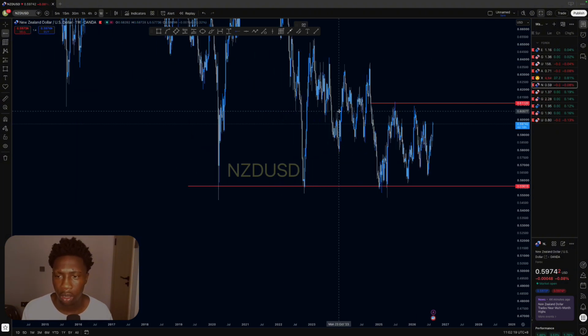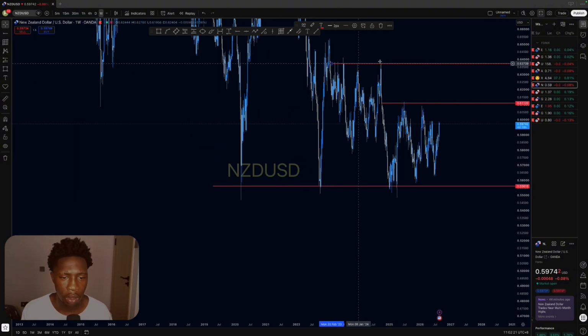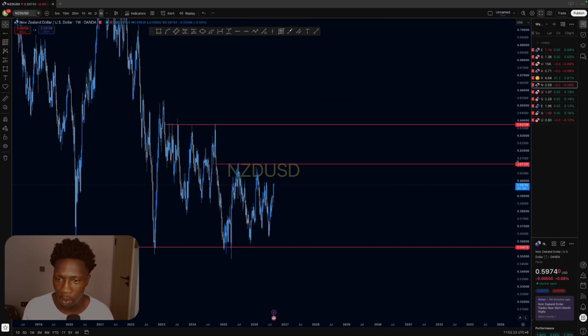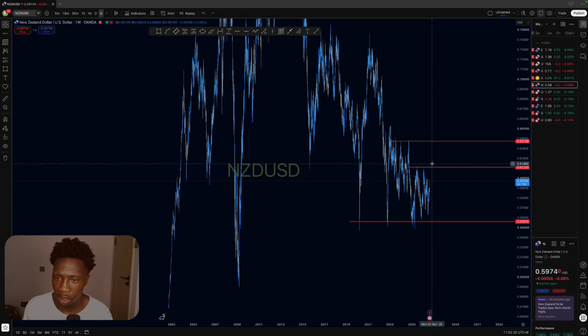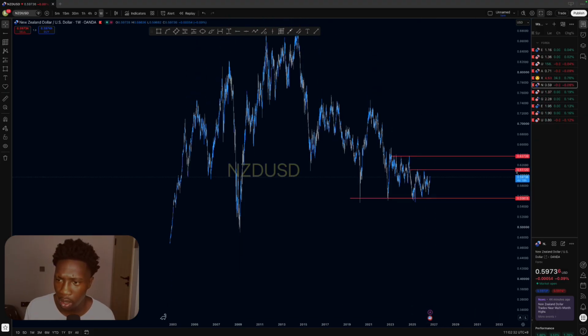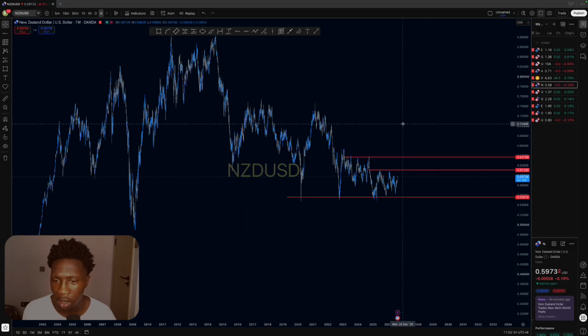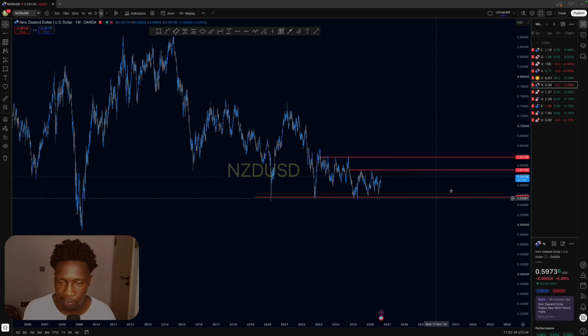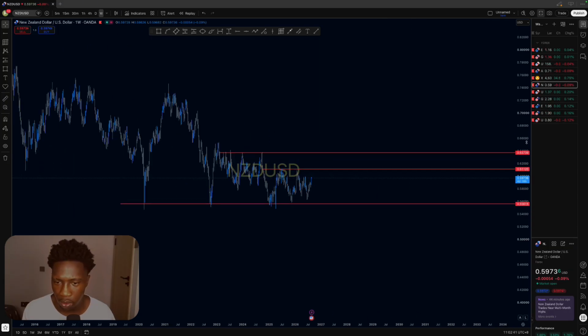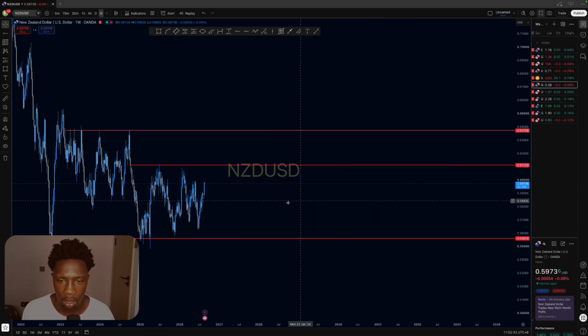These are the areas that we need to focus more on. We need to see if it is going to move to the upside, breaking to this side, or going to go down. So we need to be careful about it.